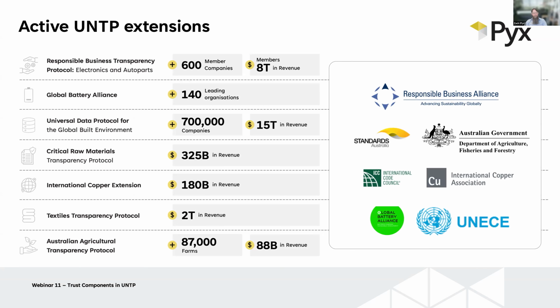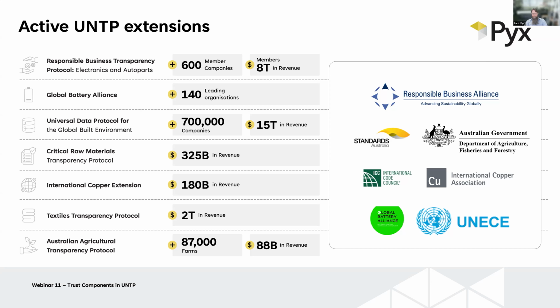We are working on quite a large number of UNTP extensions, and they cover roughly a quarter of the global economy. Now, there are various phases of evolution and various phases of adoption, but if we look across the value that's identified here, it's roughly 25% of global trade.